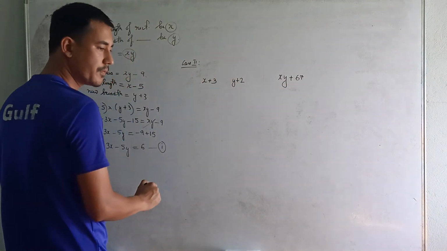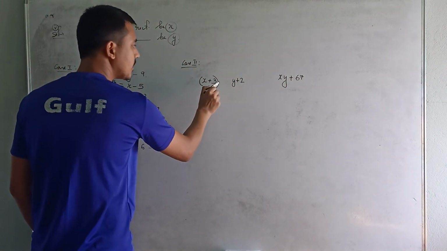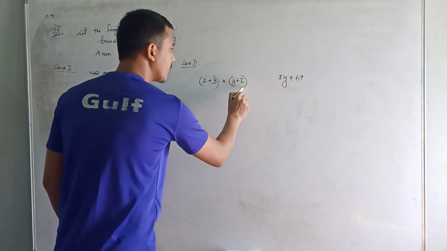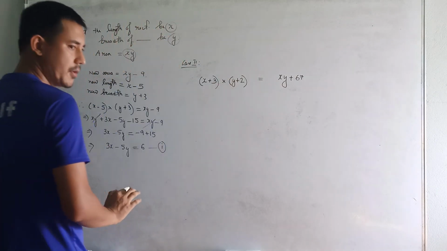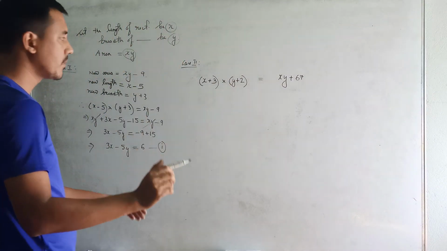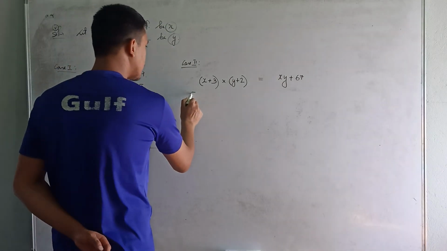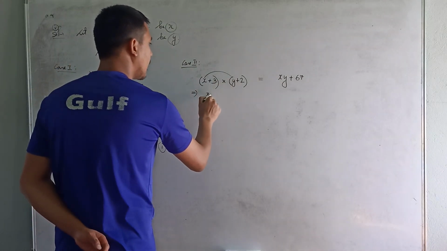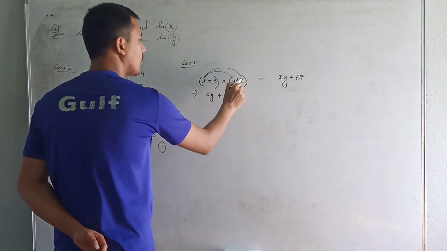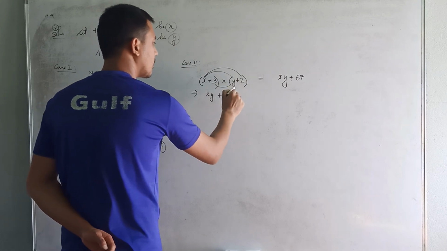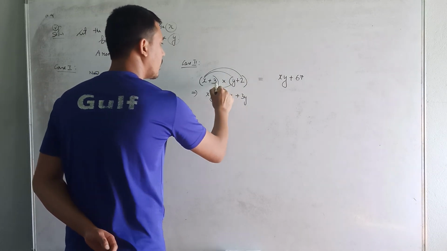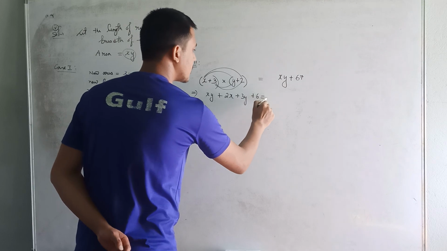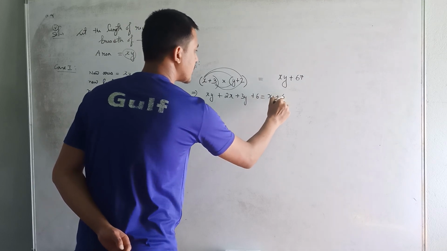Now you see, new length into new breadth will give you new area, right? Directly I'm writing this time. Do the solve problem. xy plus 2x plus 3y plus 6 is equal to xy plus 67.